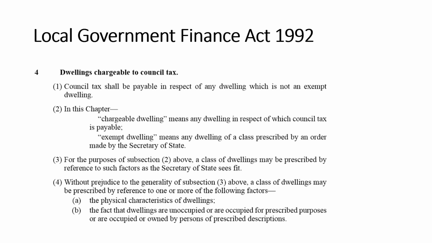And again, they're clarifying the physical characteristics of the dwelling, and then that would go back to the square footage of the garage, if you had one. It would also go to the makeup of the property, and then B, the fact that the dwellings are unoccupied or occupied for prescribed purposes, or occupied or owned by persons of prescribed descriptions.